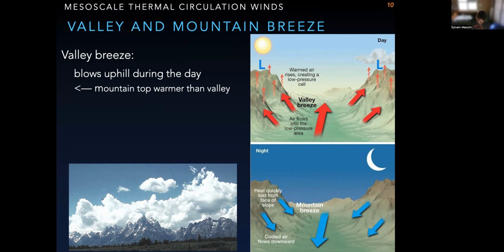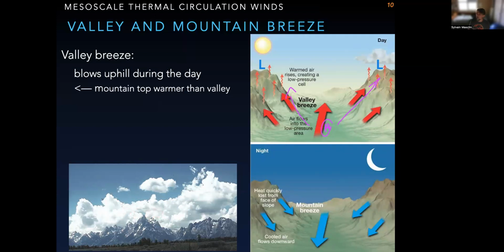And so naturally, you will have the air moving from the high pressure system to the lower pressure. And so you have air that moves uphill. And this is usually creating clouds. And we tend to observe clouds during the morning and midday above the mountain.